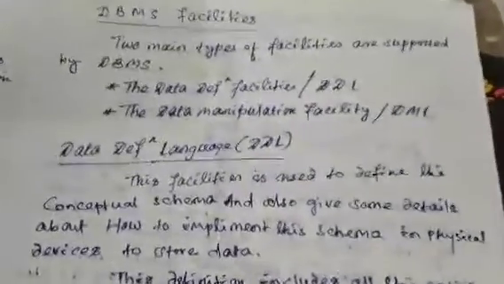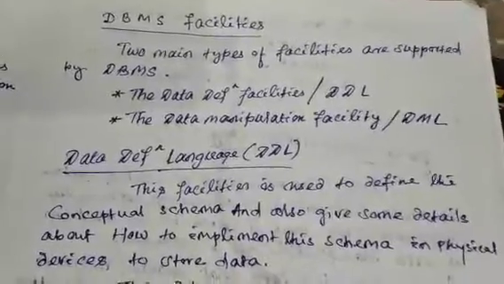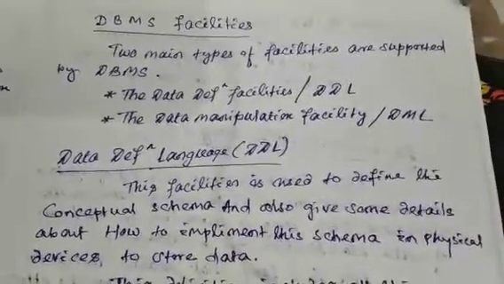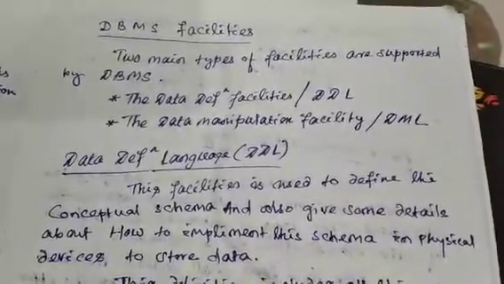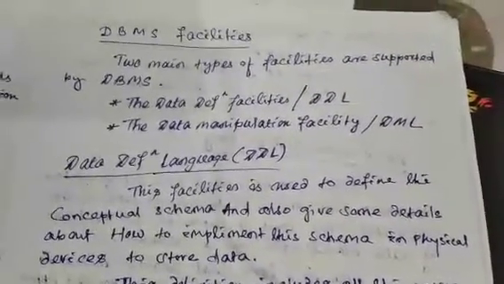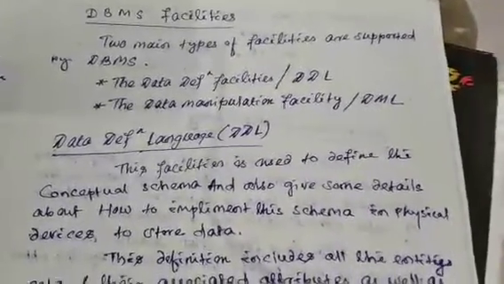As per the name, definition, whatever data and whatever schema we are using must be defined. It defines the conceptual schema and also gives details about how to implement this schema in physical devices to store data.